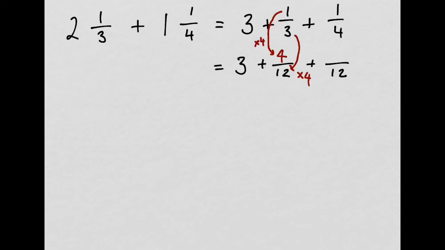Then I need to think, right, well, 4 times 3 is 12, so I've got to do 1 times 3, which is 3. And then I've got the 2 that I can add together, so I've got my 4 here, and my 3 here, 4 and 3. 4 and 3 is 7. So I know that I've got 3 and 7 twelfths.